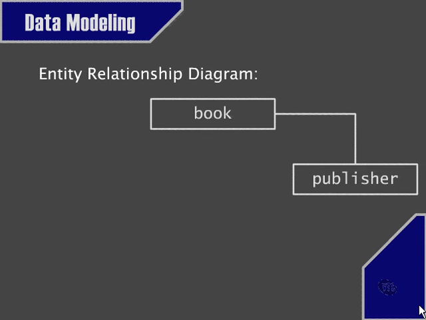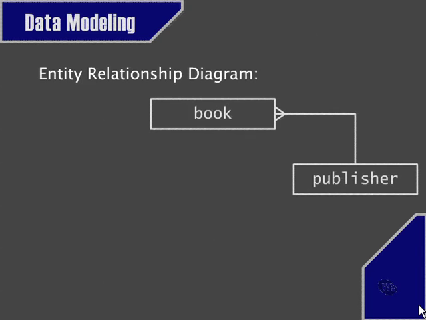We draw lines between each of the entities that relate to each other, and then in some way we annotate these lines to show the particular kind of relationship it is. It's usual to put a crow's foot or extra little lines there if we want to show a one-to-many relationship.